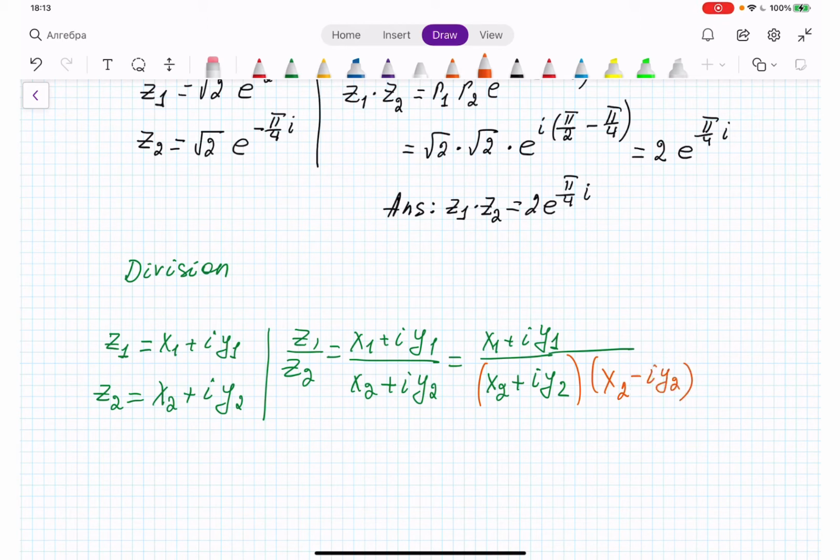And as we know, whatever change we make to the denominator, we have to make precisely the same change to the numerator.